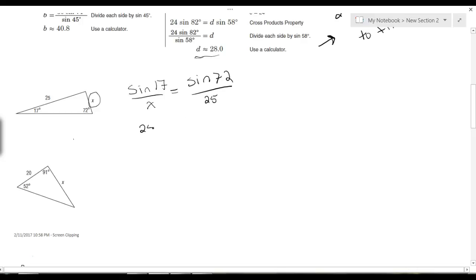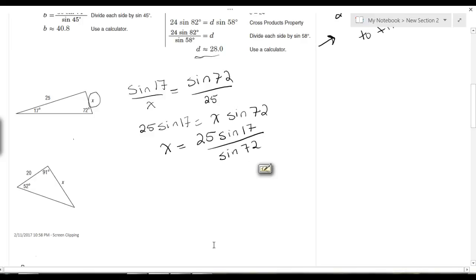So I get 25 sine of 17 equals x times the sine of 72. Divide both sides by sine of 72 to isolate my x. So I get x equals 25 times sine of 17 over sine 72. So let's go ahead and put all of that into a calculator.